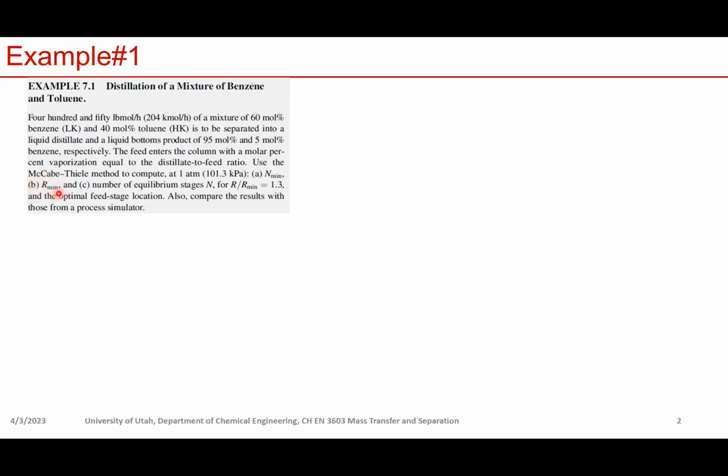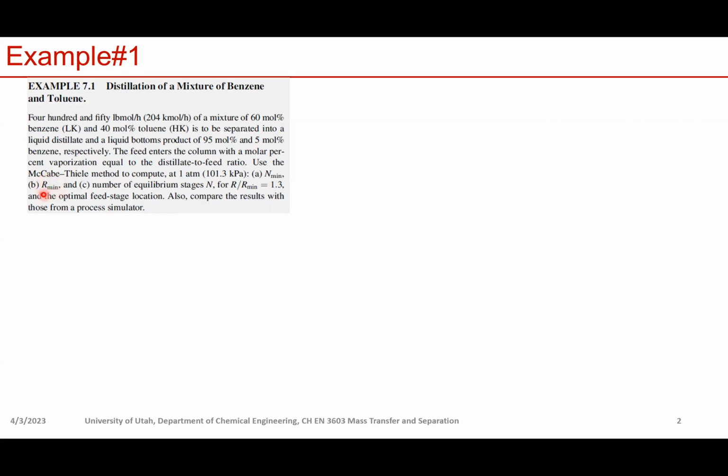Okay, so the second question asks us to get the minimum reflux ratio. For the minimum reflux ratio scenario, the operating lines and the Q line intersect at a point that sits on the equilibrium line.